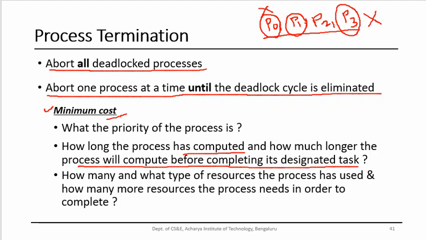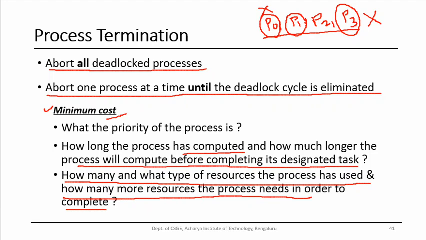If a process has computed almost to completion, then aborting that process would be an expensive one. And the next thing that you have to look for is how many and what type of resources the process has used, and how many more resources the process needs in order to complete. This is also very important. If the process just needs one more resource and it is available, then there's no point in aborting that process. Instead, you can select a different process for aborting.